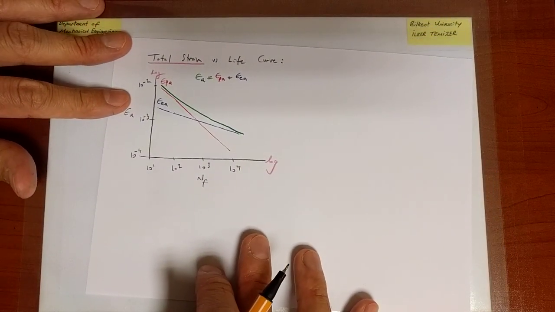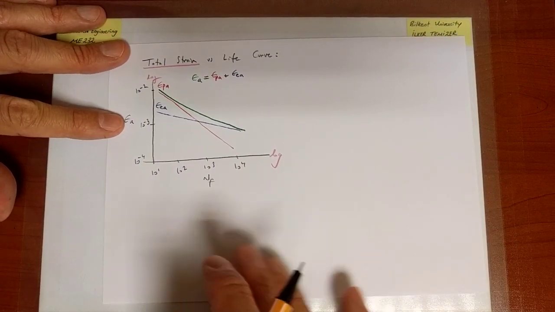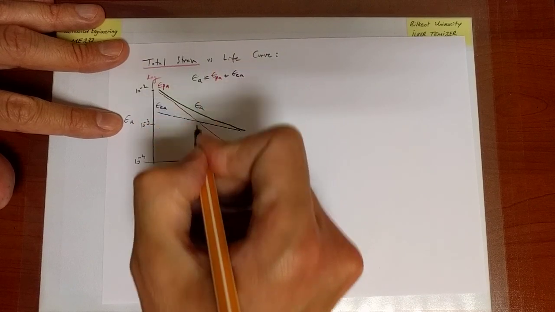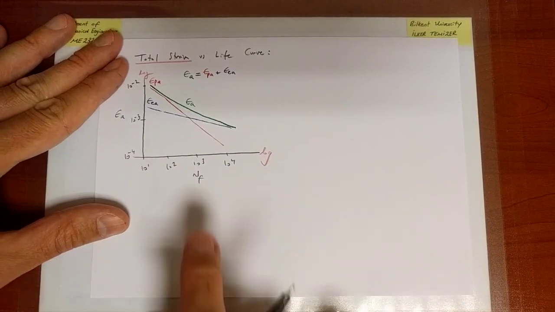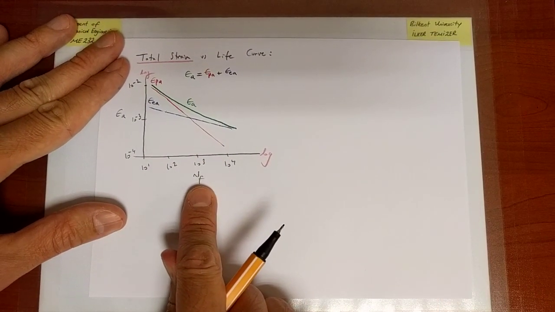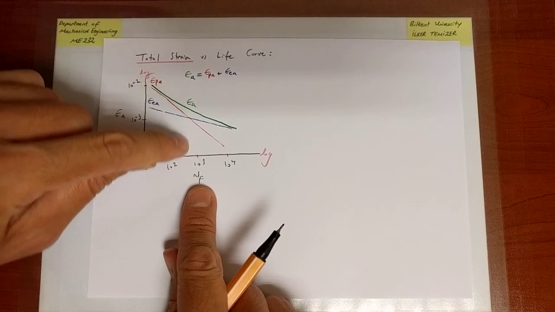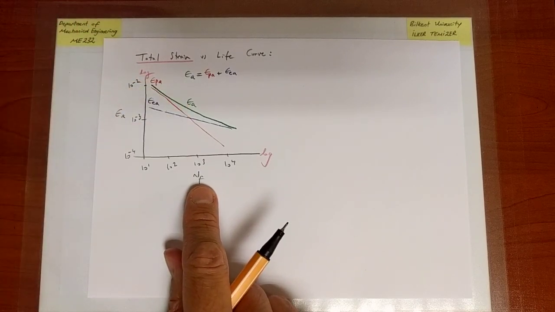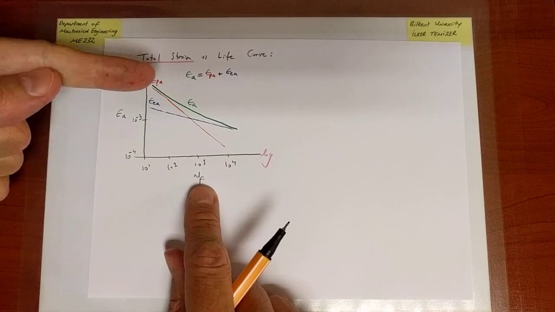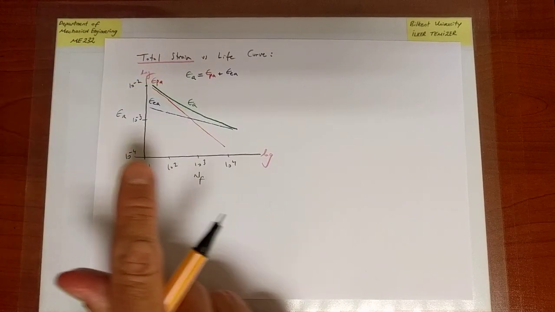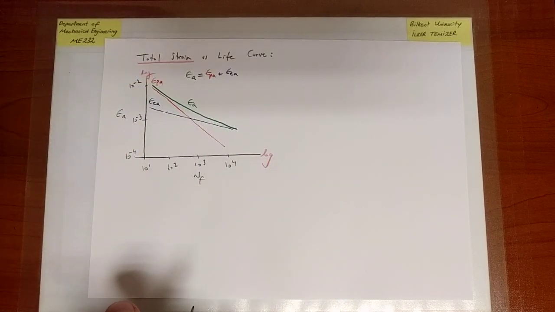So that essentially is the idea. So this here is the total strain curve versus life. Given the total strain, now I can map it to number of cycles to failure. And now, emphatically, that curve is not a line. It has a certain curvature.